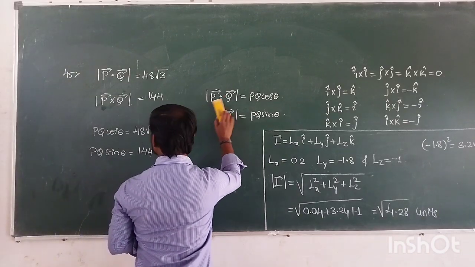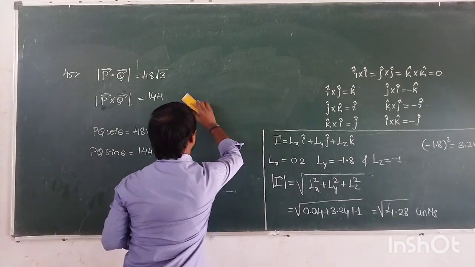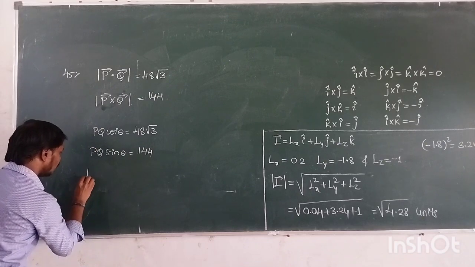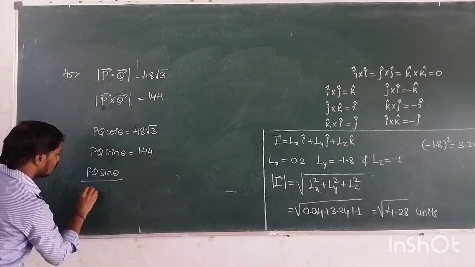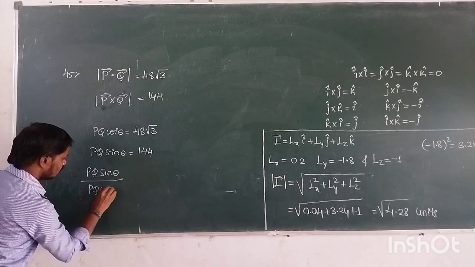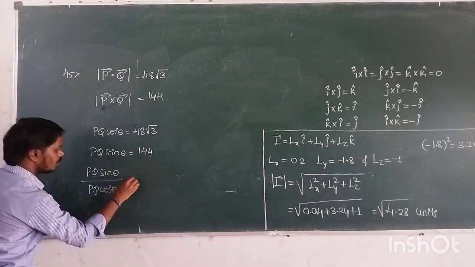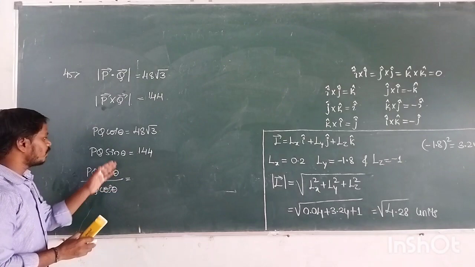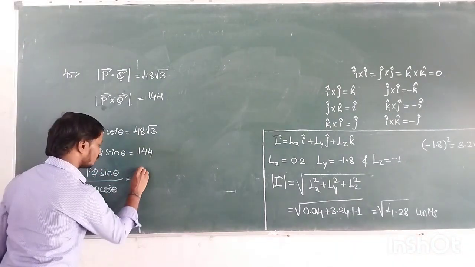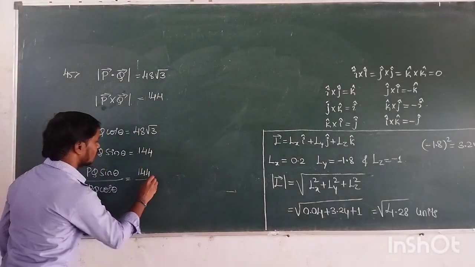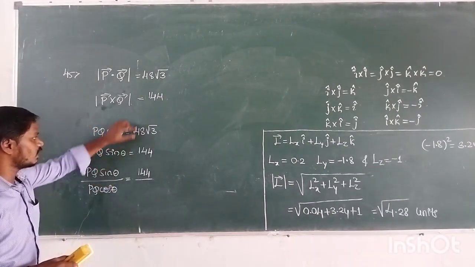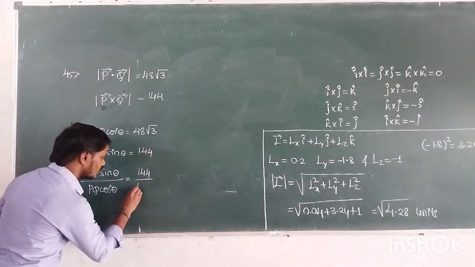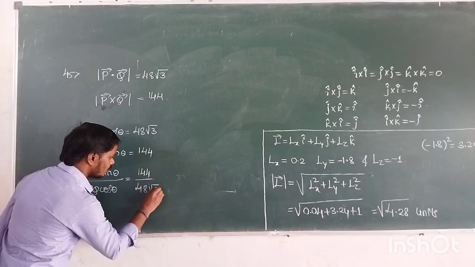Hence, dividing PQ sin theta by PQ cos theta: PQ sin theta is 144, divided by PQ cos theta, that is 48 into root 3.